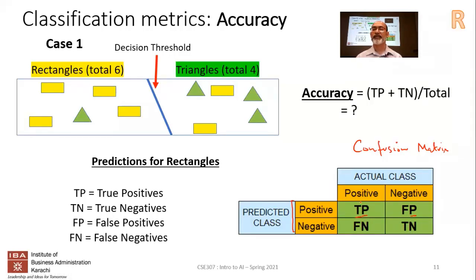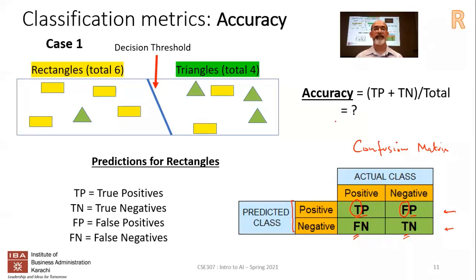Now, some of those may be true, and some of those may be falsely positive. But this row is the positive prediction. The bottom row is basically the negative prediction. And in this case, over here are the true negatives, which are correctly predicted. And these over here are the falsely predicted.